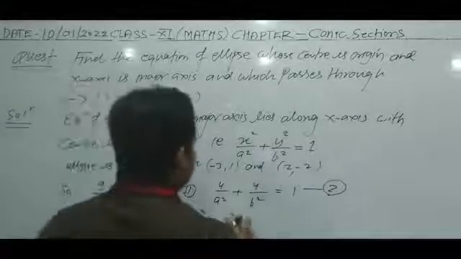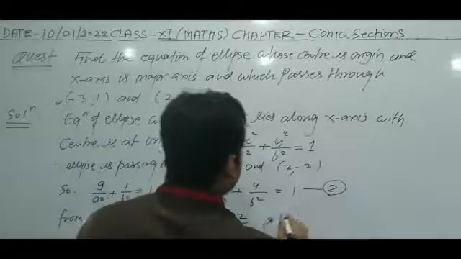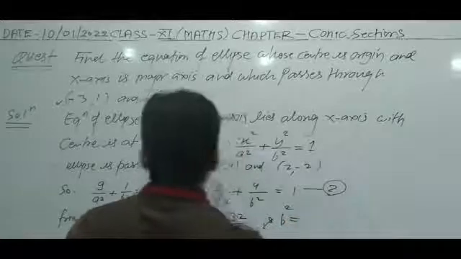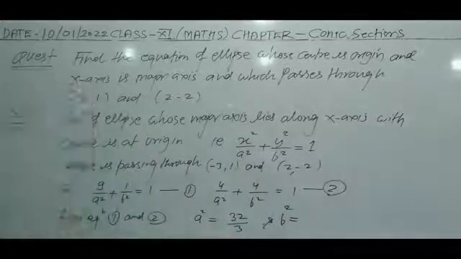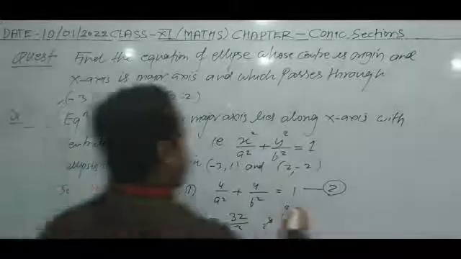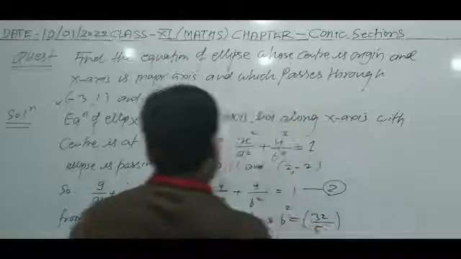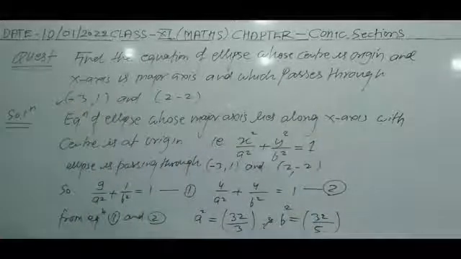This is 32 by 3. And b square will be 32 by 5. This is the values of a square and b square.